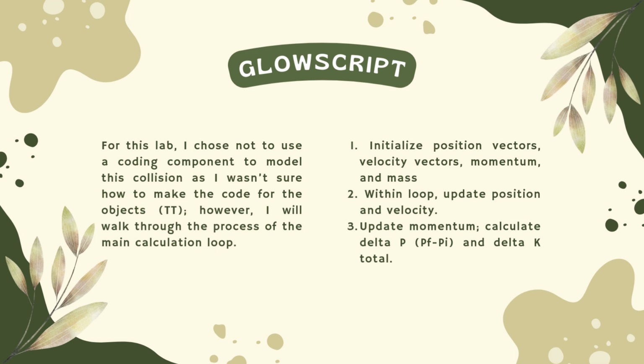Within a loop, I would keep updating position and velocity, and also update final momentums. At the end, calculating delta P and delta K would allow me to classify whether or not momentum is conserved, whether or not K is conserved, and whether it's an inelastic or elastic collision.